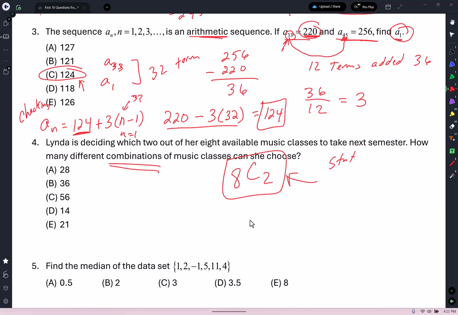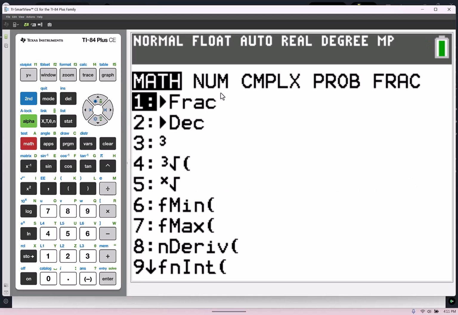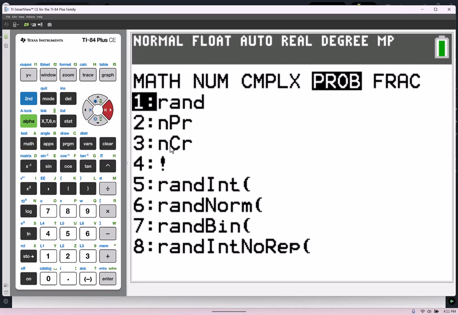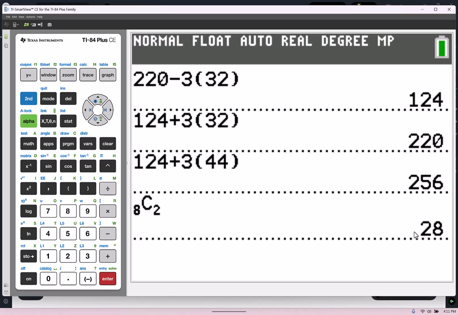So whenever you get something like this, take your calculator, push the math button. I think it's going to be under probability. Go to prob, and there it is. Do you see number 3? Click on that one, and then just put an 8 on this one and a 2 on this one. That's the easiest way.